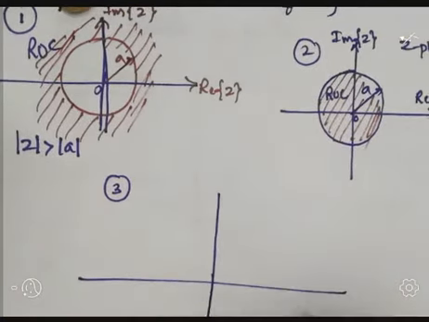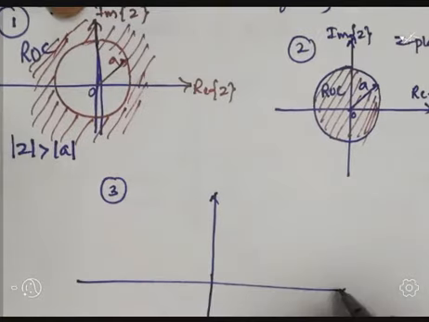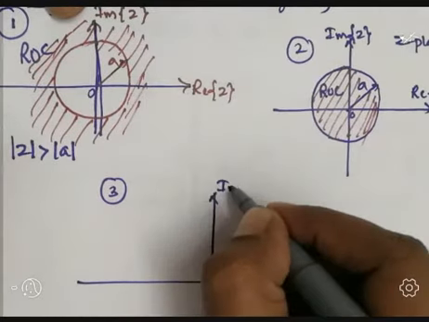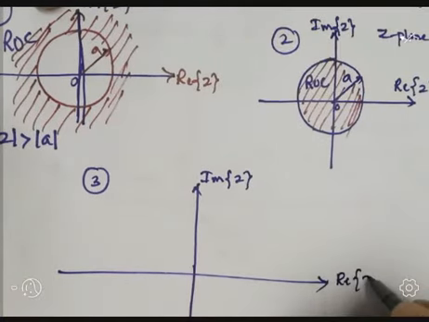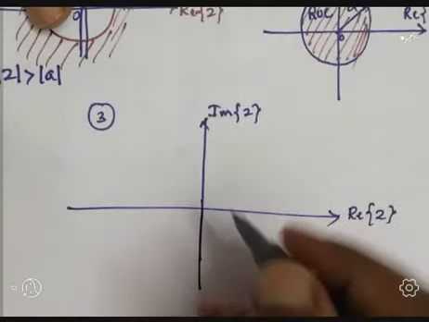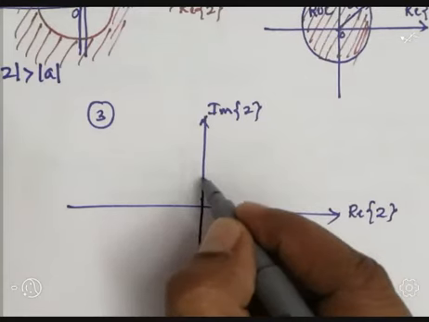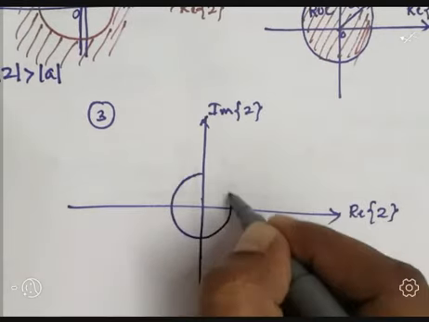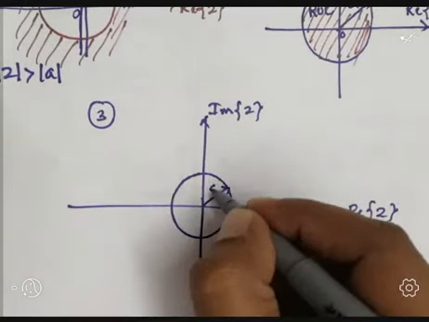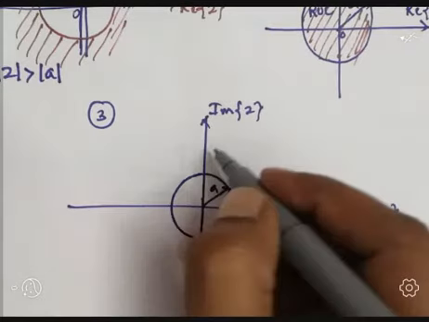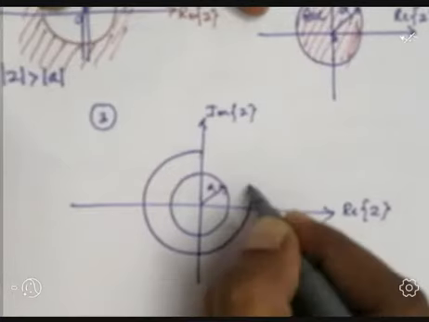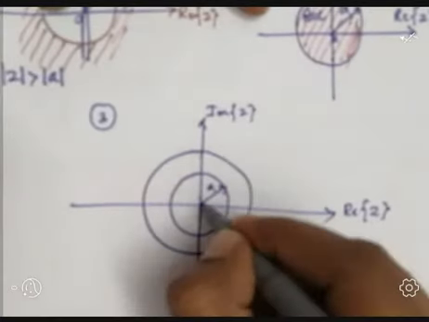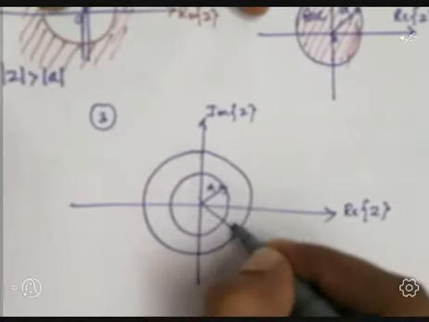So we are getting two circles. This is the imaginary part of the z plane. The horizontal axis represents the real part of the z plane. First I am going to sketch one small circle of radius a, and one more circle of radius b.